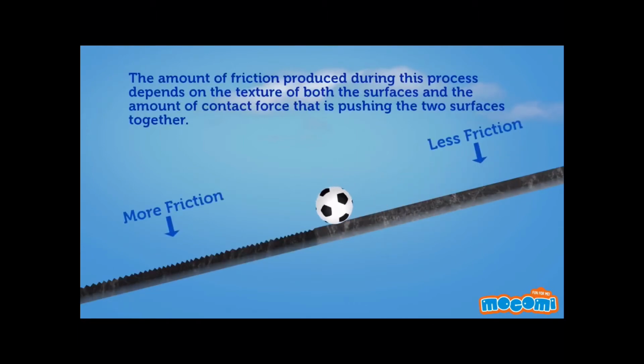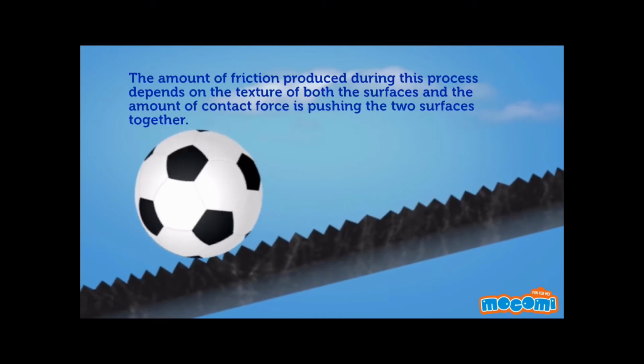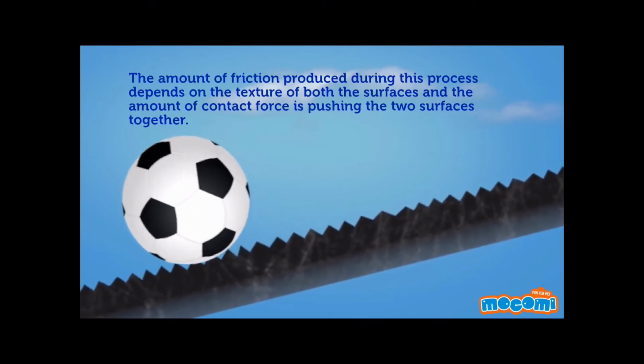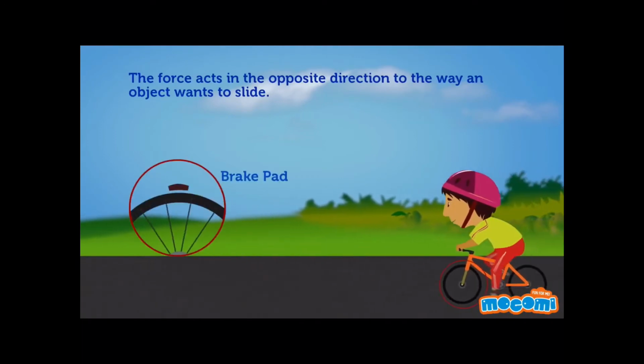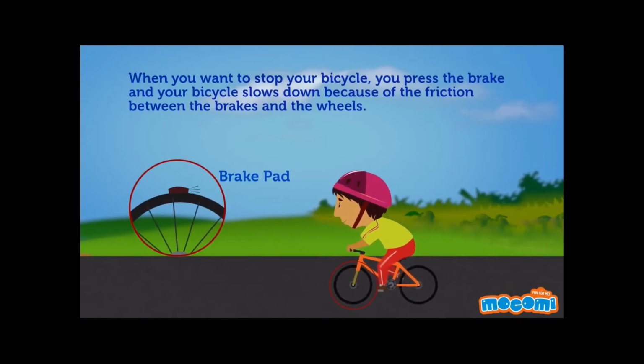The amount of friction produced during this process depends on the texture of both the surfaces and the amount of contact force that is pushing the two surfaces together. The force acts in the opposite direction to the way an object wants to slide.